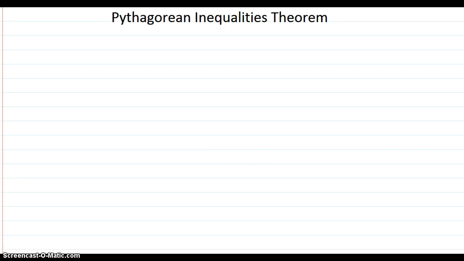Alright, we're going to look at the Pythagorean Inequalities Theorem. What this is going to tell us is whether a triangle is acute, right, or obtuse. An acute triangle has three angles that are less than 90.